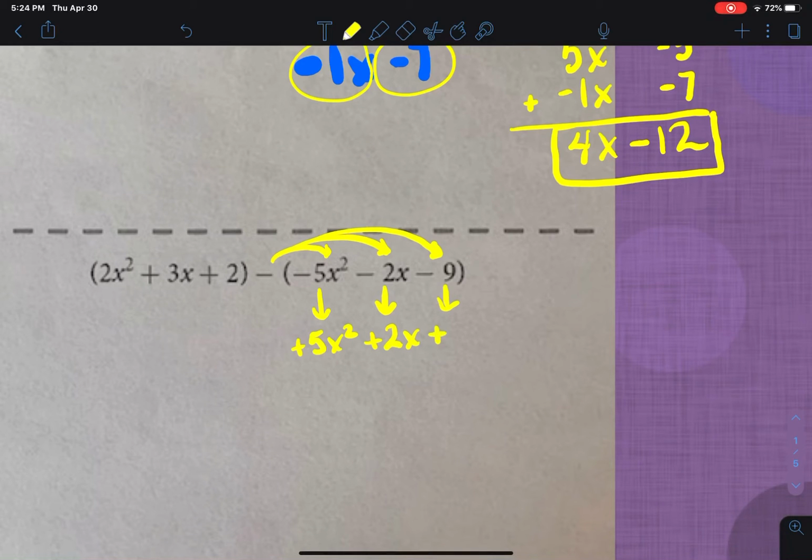Minus 9 becomes plus 9. Okay, once it's distributed, these are the two that I'm going to have to put together now. Out of both of those, the highest exponent I see is 2. So for my standard form, I have x squared, x and my number.